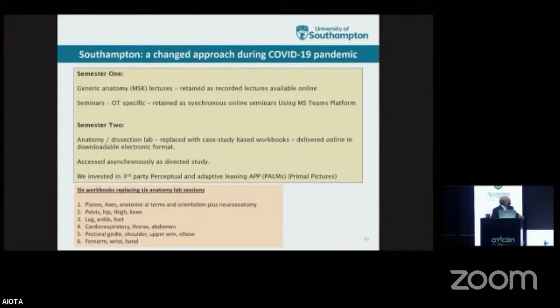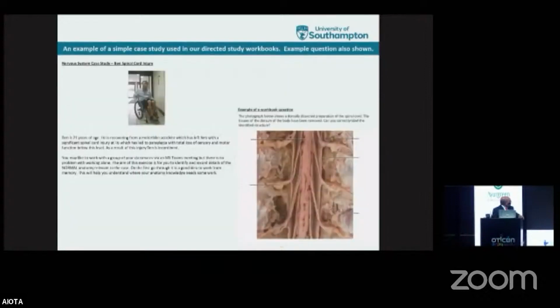So, what changed in the approach during the pandemic? I think I've already gone through it. This is one very interesting case study. In anatomy, as I say, it is a case-based approach, and that is where the OT-specific subjects come in.